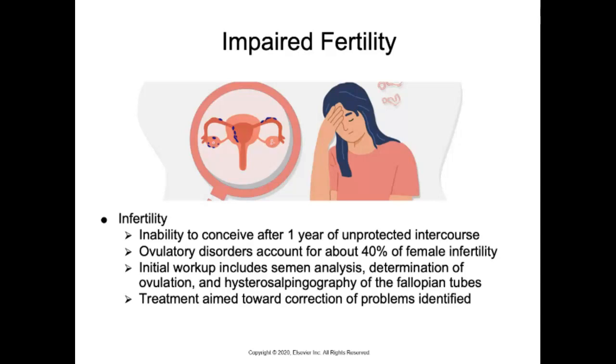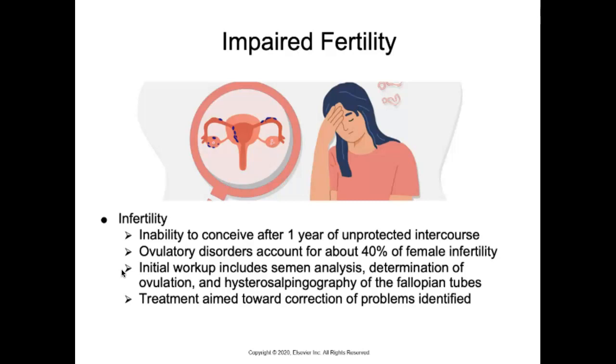And so when a couple is going through the inability to achieve pregnancy, let's say, the initial workup is going to include semen analysis, determination of ovulation, and hysterosalpingography of the fallopian tubes.